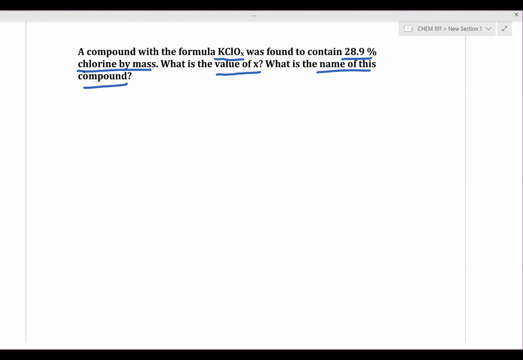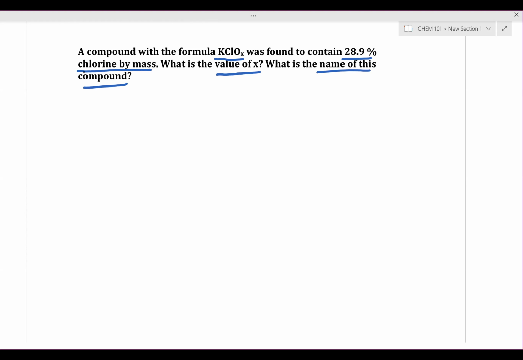And then from that, if you have the mass of chlorine, can you also figure out the moles of potassium?